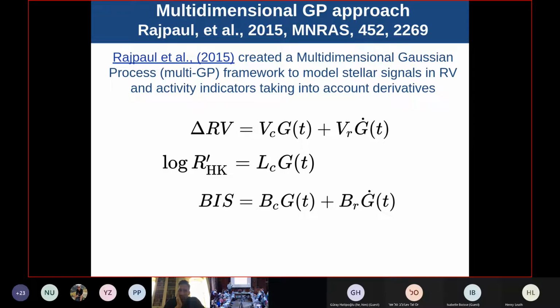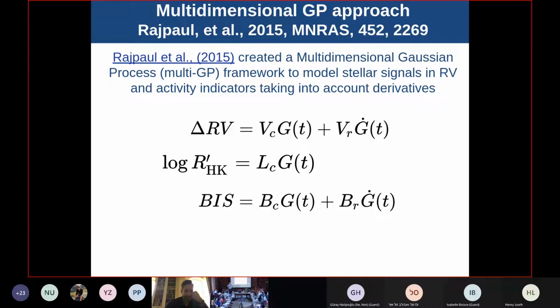In this talk, I will not describe what Gaussian processes are, because there is no time. But if you know what GPs are, then this is the multidimensional Gaussian process. If you don't know what Gaussian processes are, just imagine that we are trying to extract a function that has more or less the same shape in different time series.